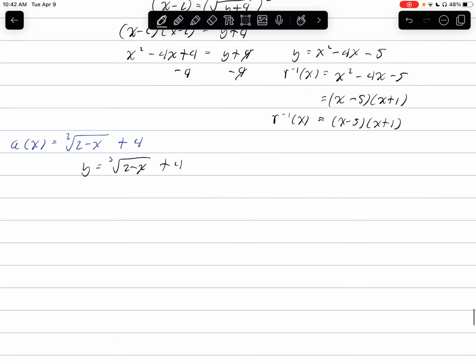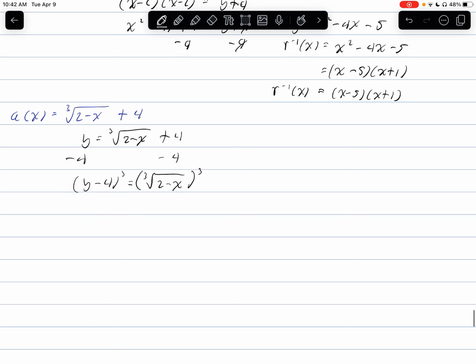So we'll take 4 away, and we'll have y minus 4 is equal to the cube root of 2 minus x. Okay. So we can start by cubing both sides. Okay, so we'll have y minus 4 cubed is equal to 2 minus x.